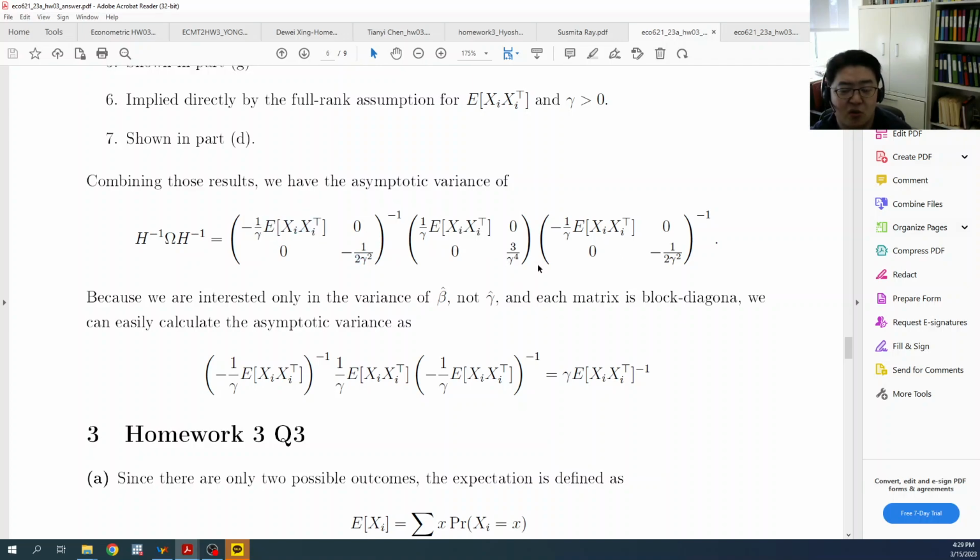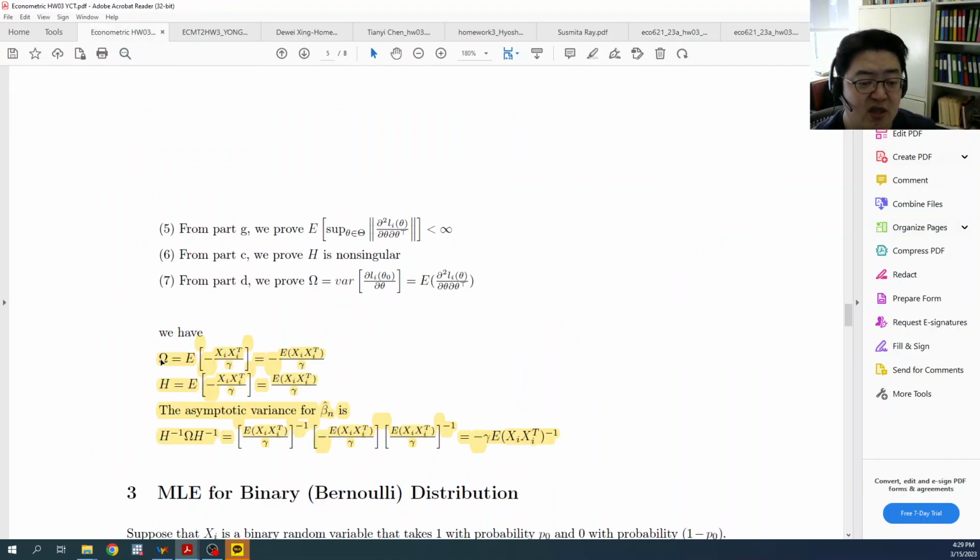So you can just take this part to calculate the variance of beta, right? Collecting these parts, this is the asymptotic variance of beta. So that's how you can calculate the variance for beta. In this case, I marked it because variance of gamma is not considered, and the notation is not correct.